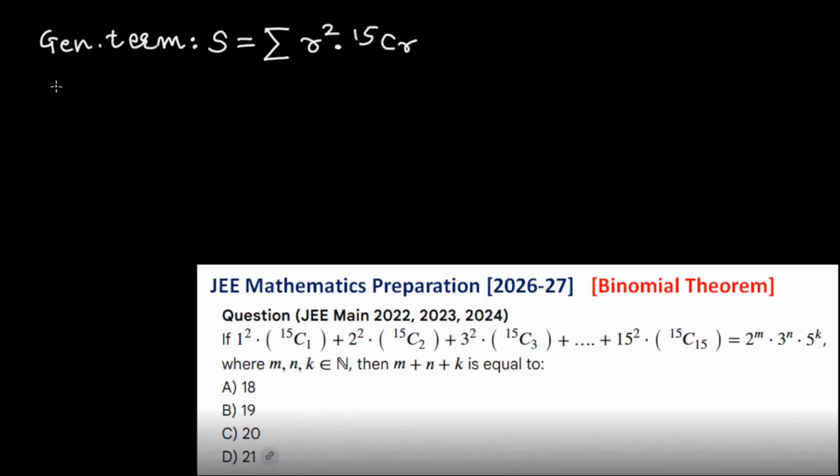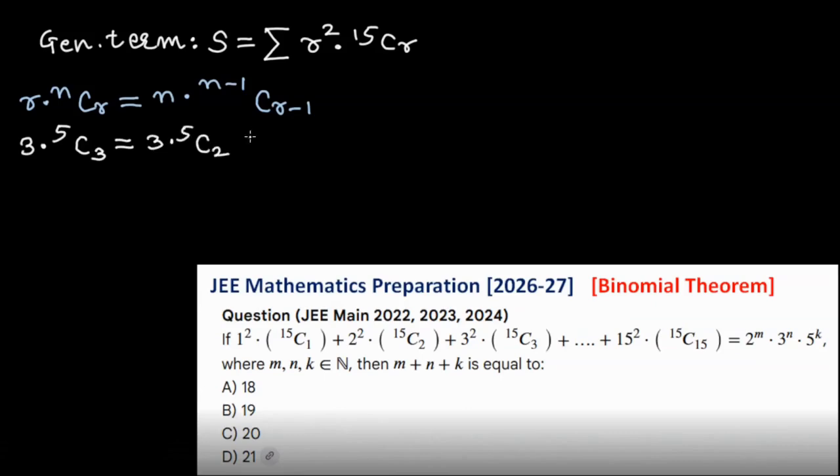Now we have a standard binomial coefficient property to simplify the term, which is r nCr equals n into (n minus 1) C (r minus 1). For confirmation, let us first verify this property by taking r equals 3 and n equals 5. So 3 into 5C3 is nothing but 5C2.